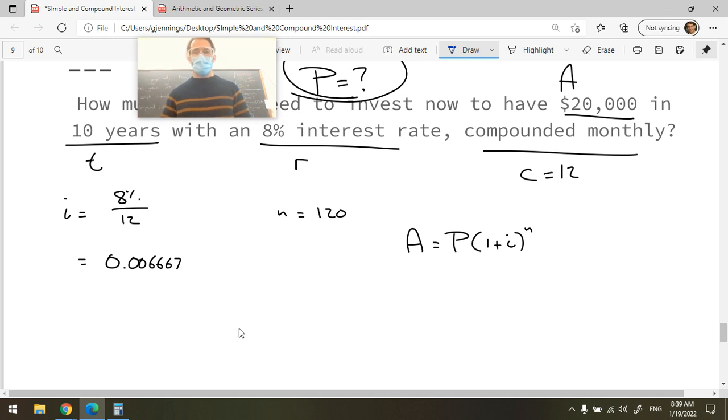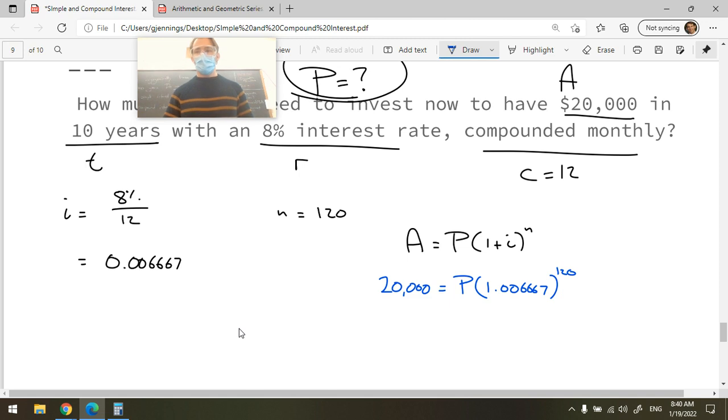So we know A. We know that we want to have 20 grand in 10 years. And we know that we can get an 8% interest rate that's compounded monthly. We don't know P, so just write down P, times 1.006667 or so. Now, you could use a decimal approximation. You could use a fraction, no problem. All raised to the power of 120.